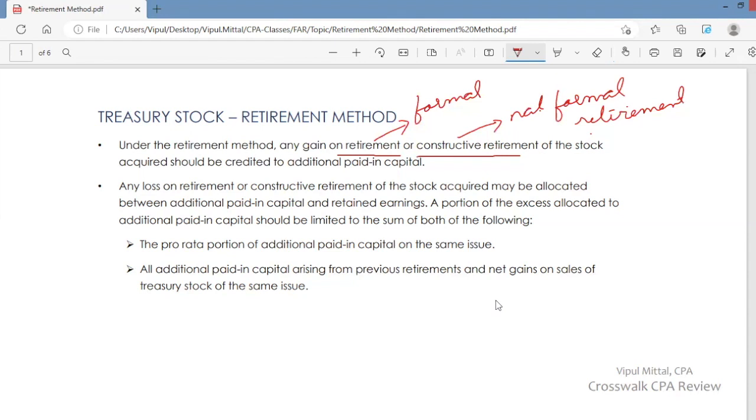So you purchase shares of your own common stock and retire them. This retirement may be formal or constructive. If you have any gain on this retirement, it should be credited to additional paid-in capital. But how do you calculate this gain?